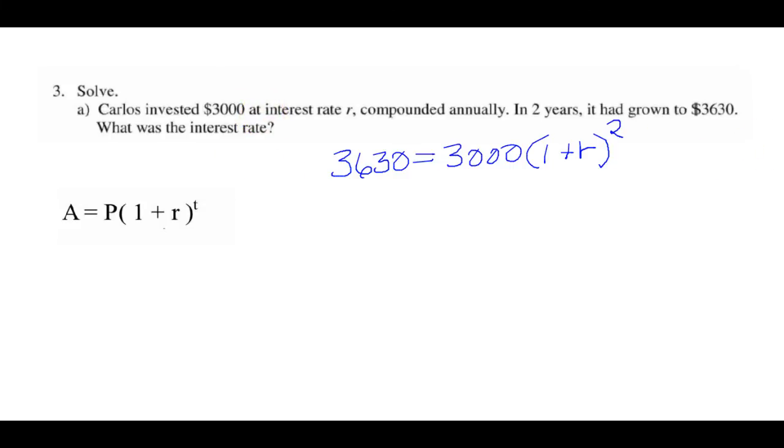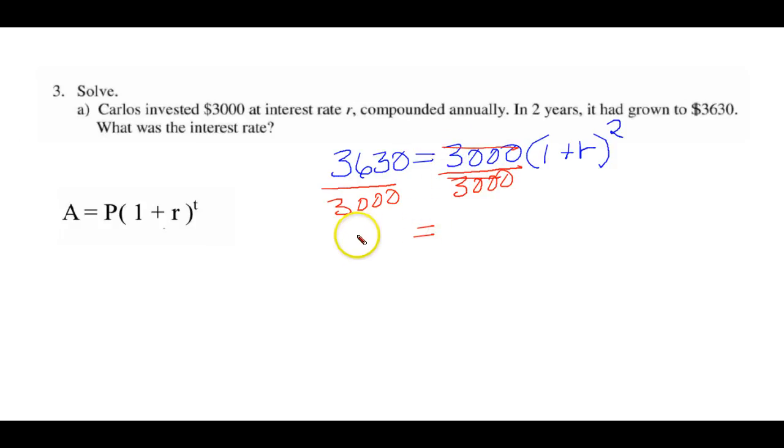So the first thing we do, and take notes on this, so if you have one like it, you're going to get rid of the 3,000 by dividing both sides by 3,000. This cancels out.